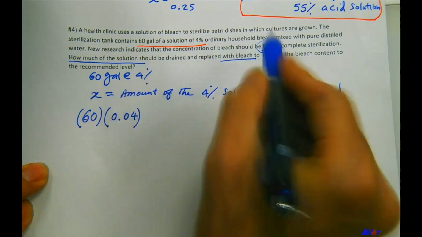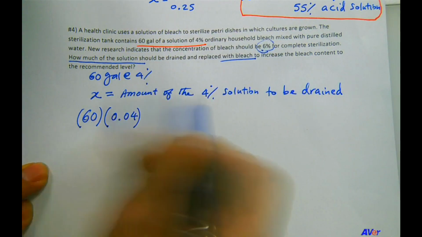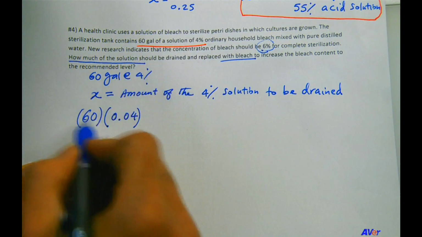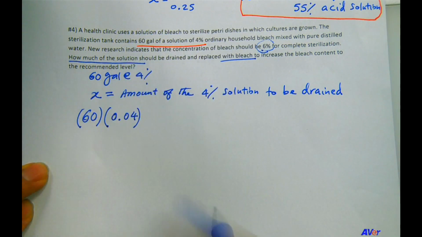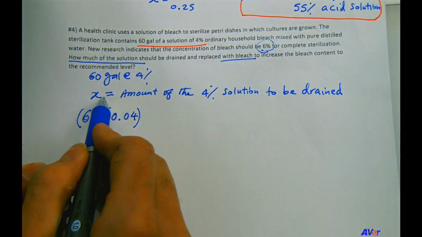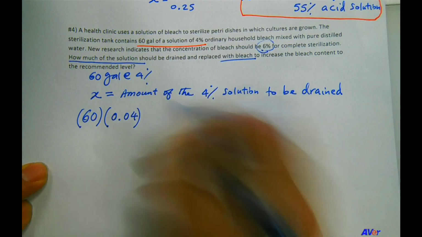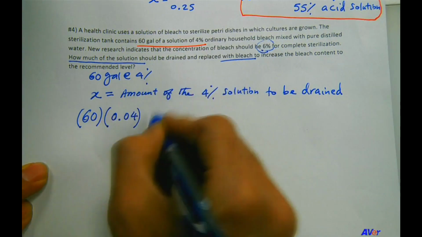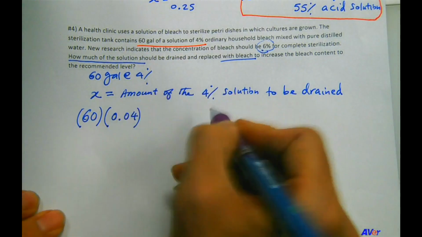Then we want to increase this 4% concentration to 6%. So some of this 60 gallons should be drained. And we just call the variable X. X is the amount of the 4% solution to be drained. So if it's being drained, it's not a positive, it's a minus, right?